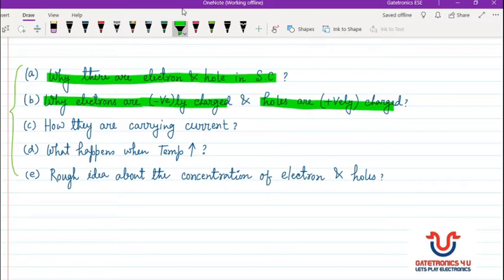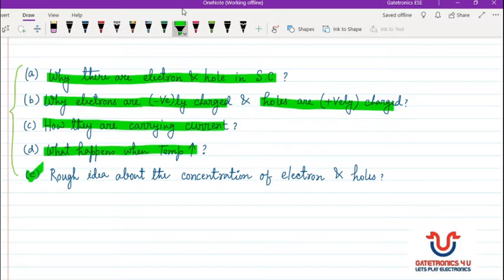And the third information is how the carriers will carry current. That means these electrons and holes, how they are carrying current. The fourth information is what happens to the semiconductor when the temperature is increased.